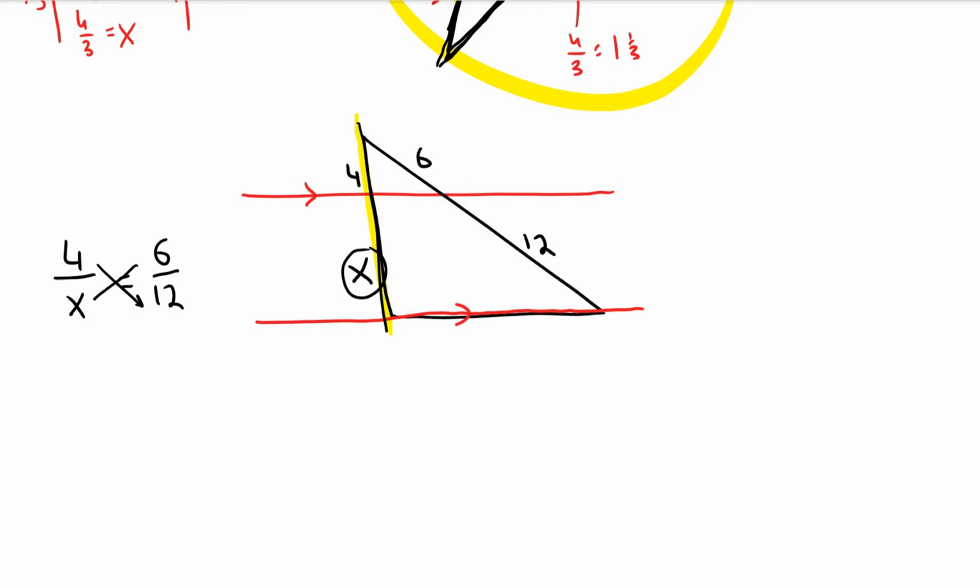Cross multiply, we get 6x equals 48, divide by 6, divide by 6, we get x equals 8, so x is 8. Okay.